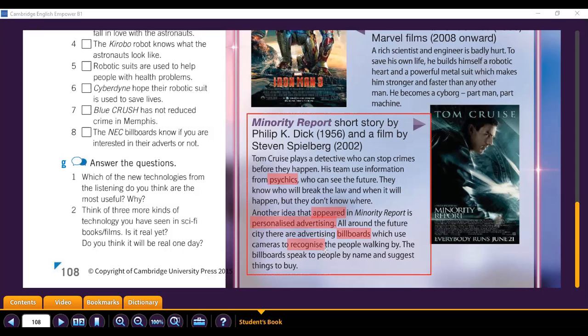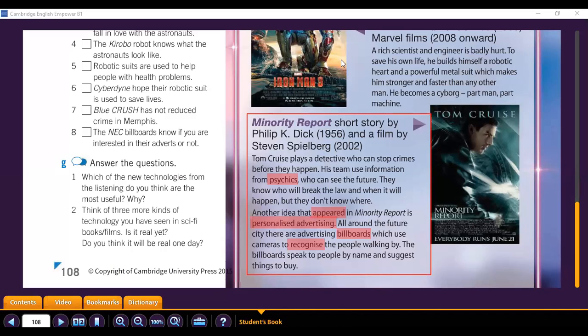Here we have another idea that appeared in Minority Report: personalized advertising. Recuerden que advertising se refiere a los anuncios, o a las promociones, al marketing que realizan las empresas, right? So we have personalized advertising.